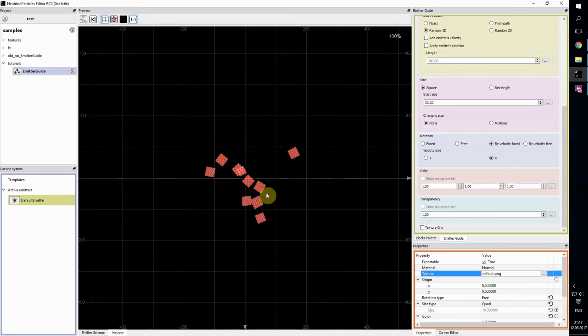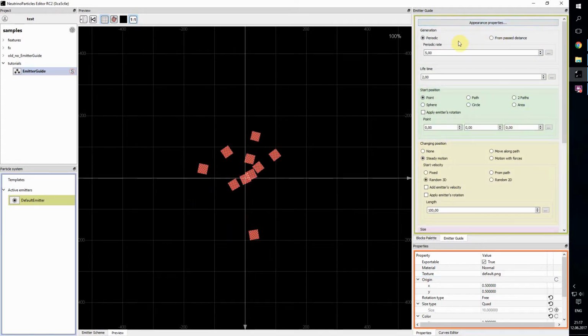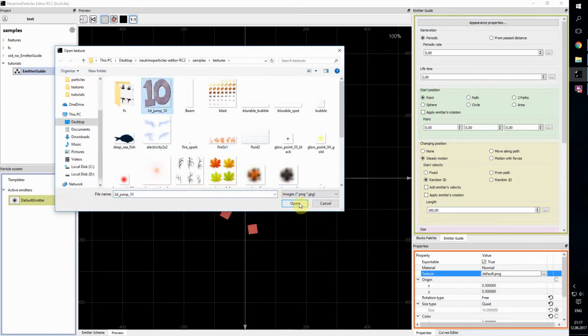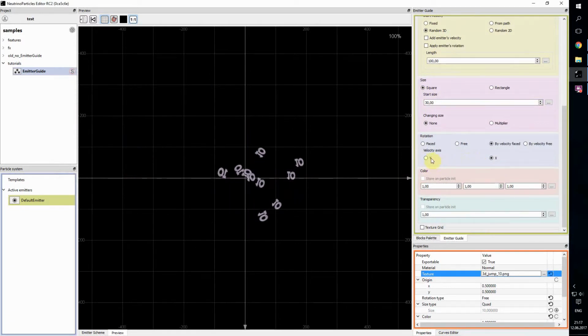So let me set some texture to show you how rotating with different sides works. Now all particles are rotated to the speed direction with their right side, the right side being the x-axis, and we can direct them with the top side, the y-axis.